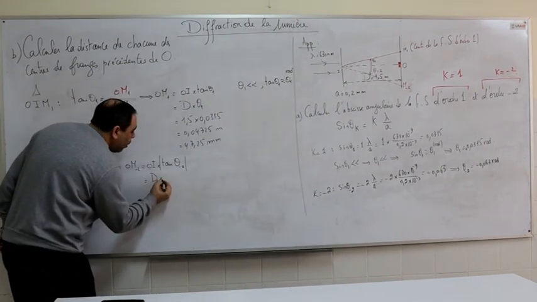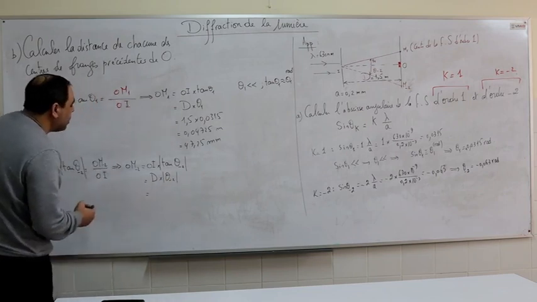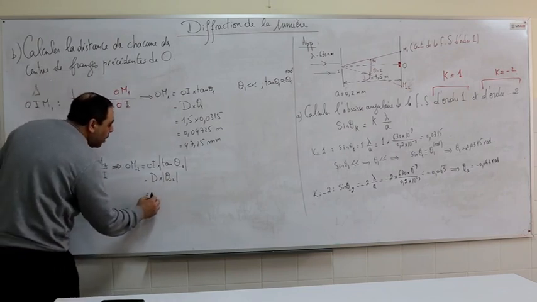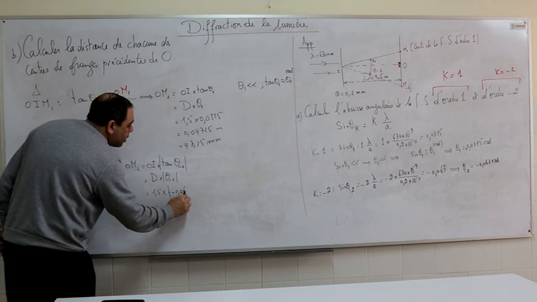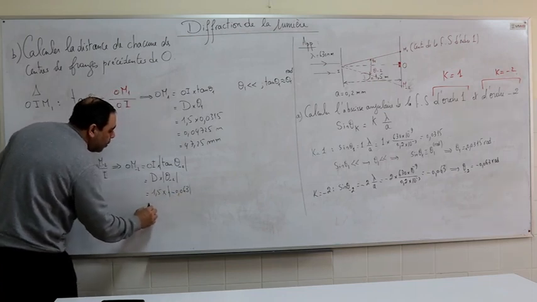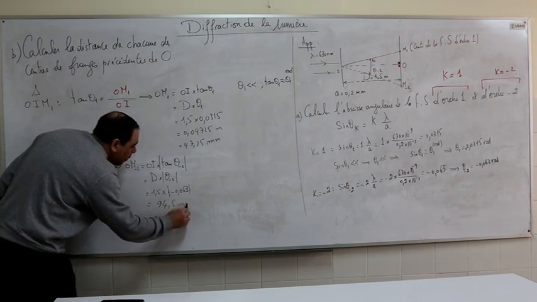So we get D times the absolute value of theta negative 2, which is equal to 1.5 times the absolute value of negative 0.063, and we get 94.5 millimeters.